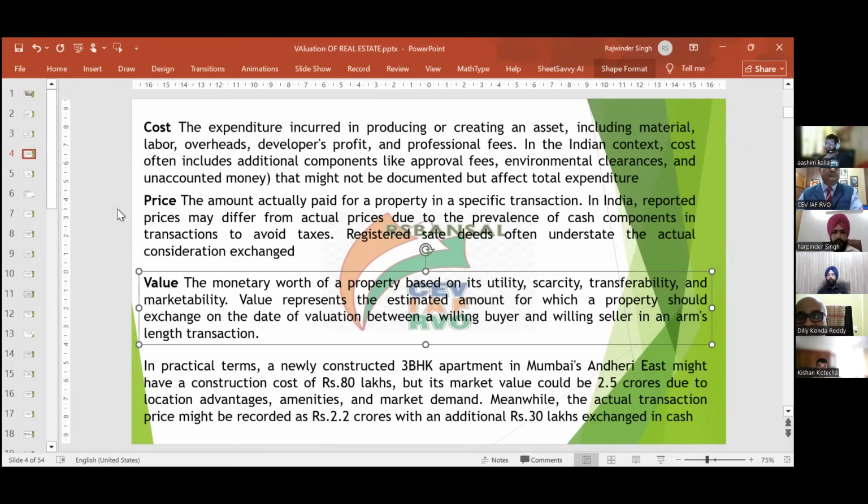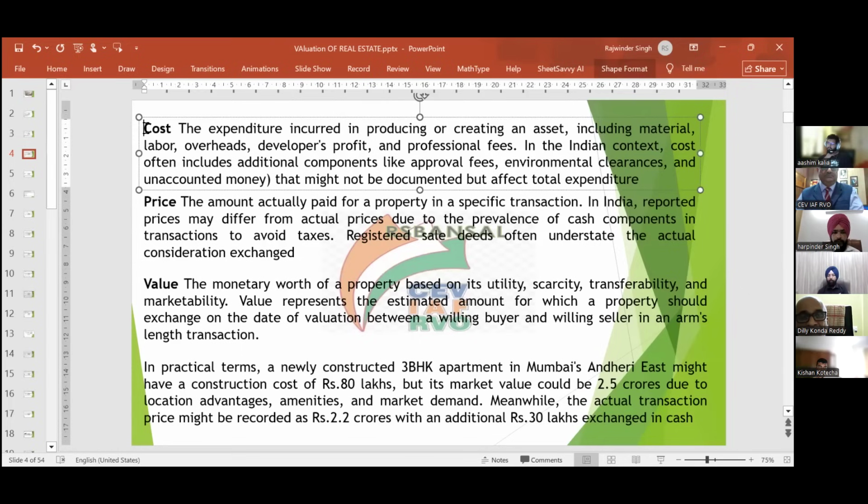Of course, you may be asked to calculate the cost of the asset also. Cost of construction in case of a building, cost of machinery in case it is to be built up. So as a layman, these three things seem to be similar, but as a valuer, you should understand the difference between these three things.